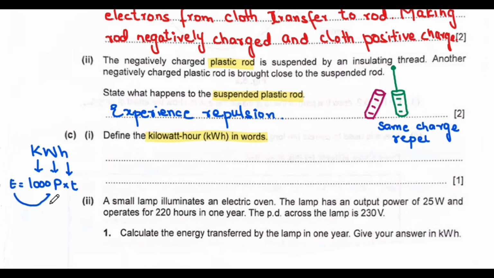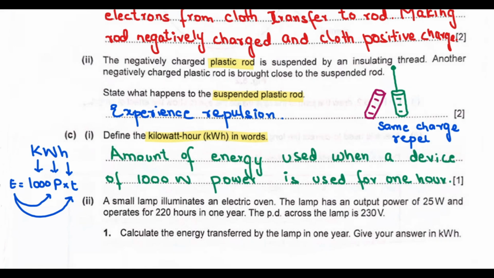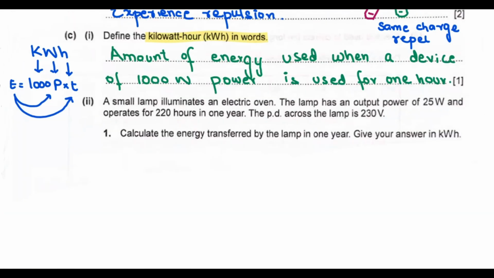So it is the energy used by a device of 1000 watt power in 1 hour. I am writing the definition as the amount of energy used when a device of 1000 watt power is used for 1 hour.